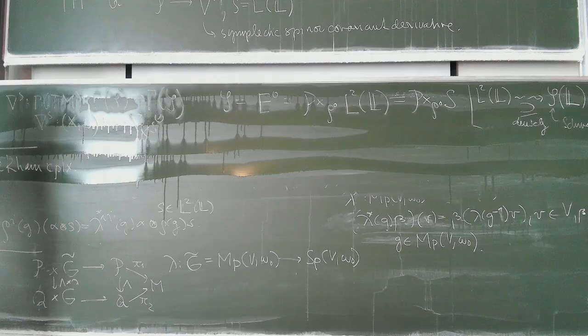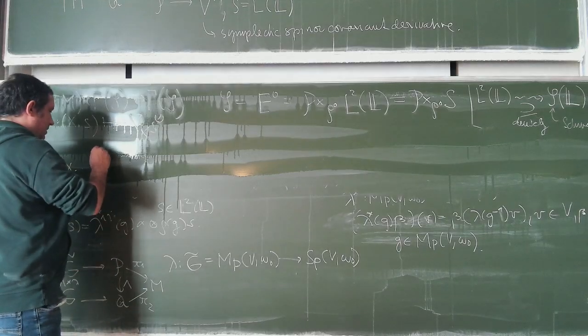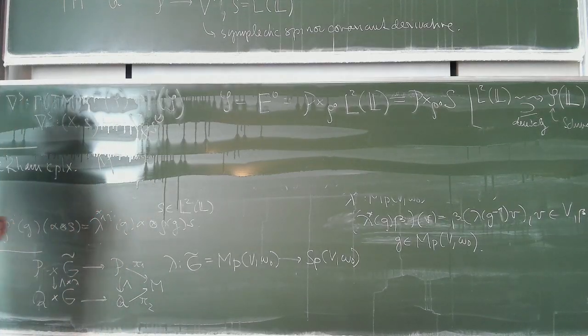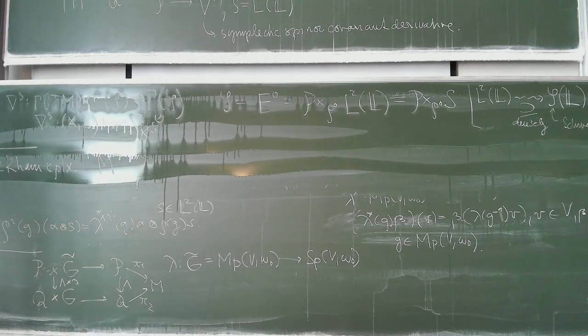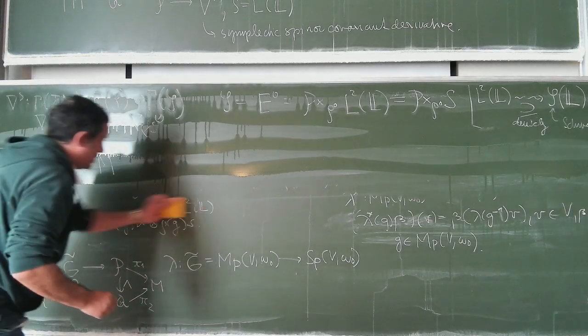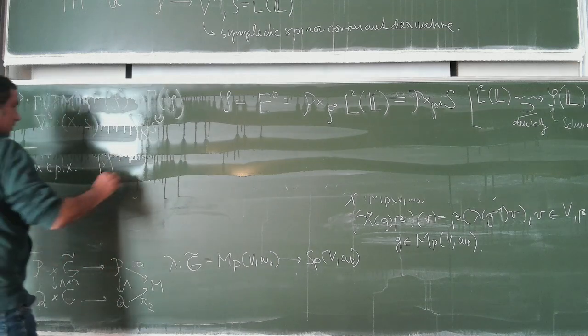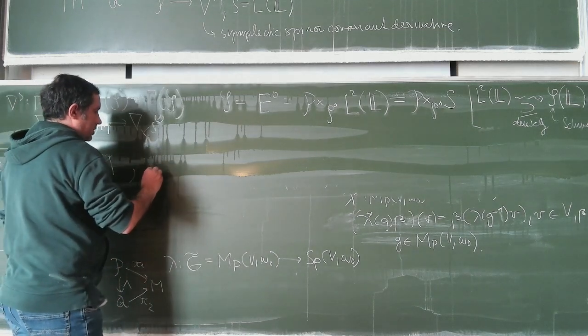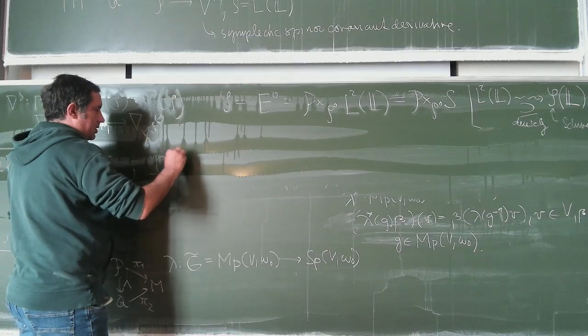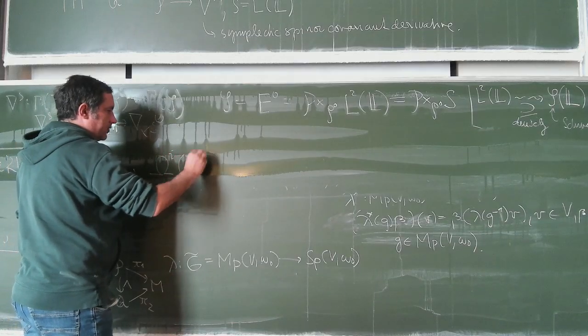So we start with a smooth manifold M, and as you know, we produce exterior forms.